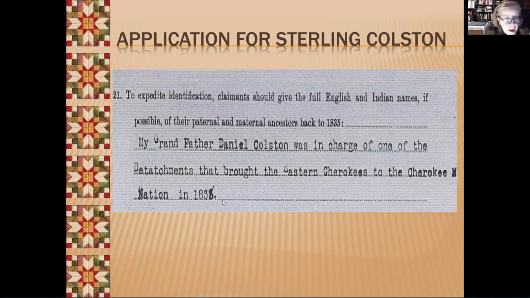How about that? So his grandfather led one of the removal detachments. So that right there should put him in the right place and eligible to meet the requirement of somebody back to 1835.